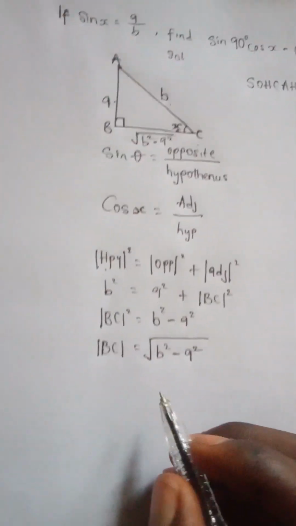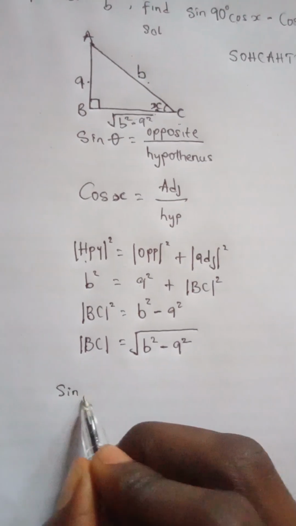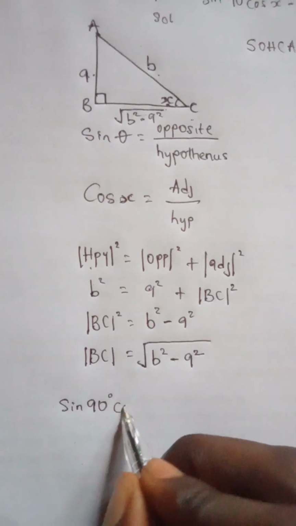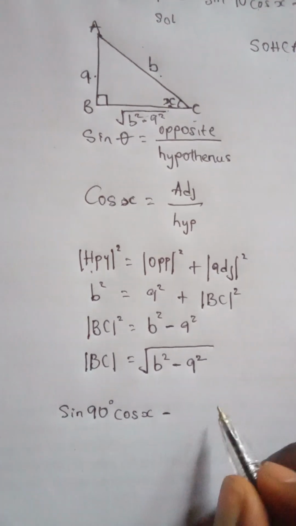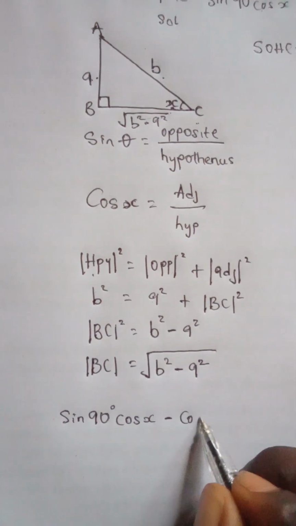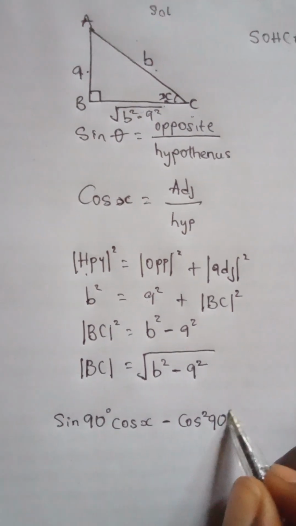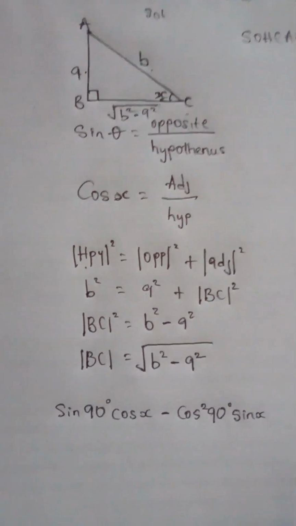Then back to the question. Remember, we are looking for sine 90 degree cos x minus cos 90 degree sine x.